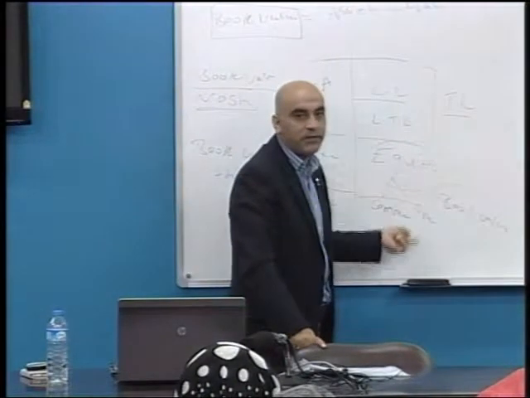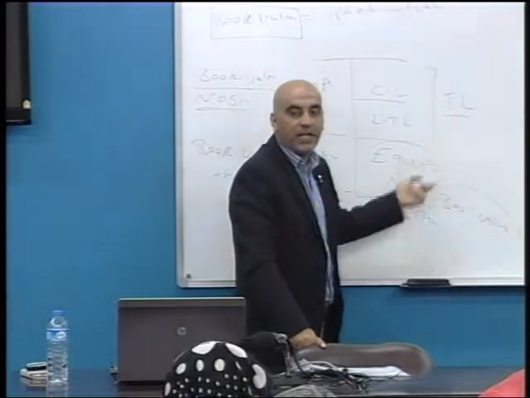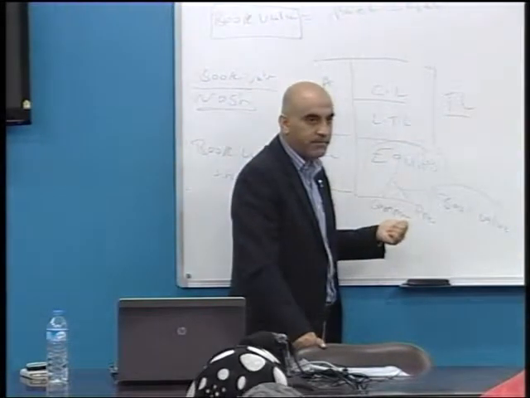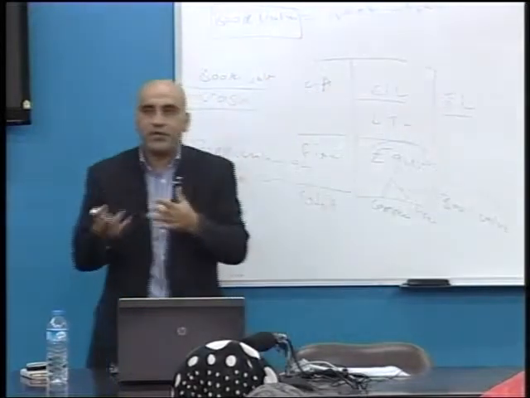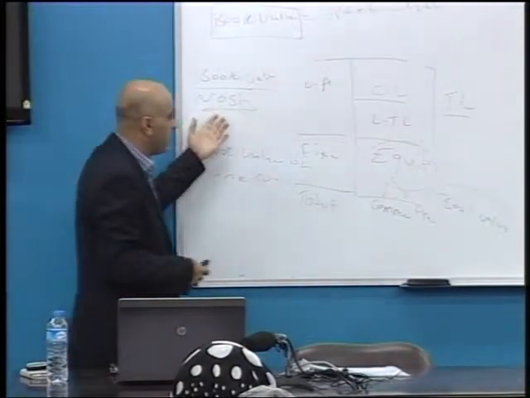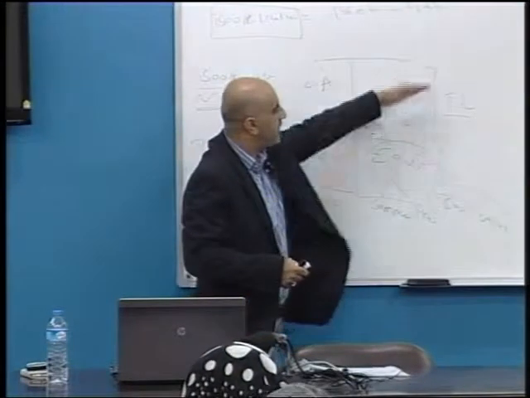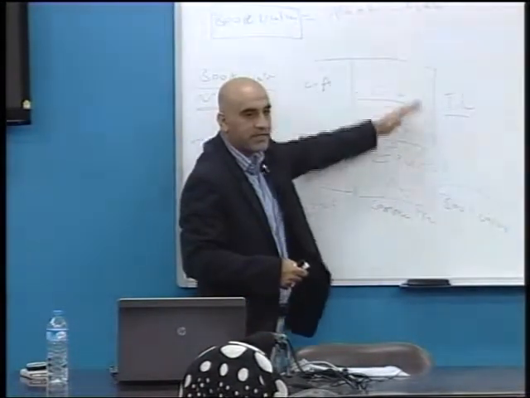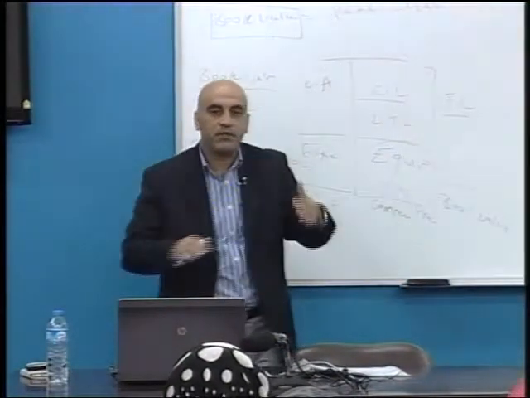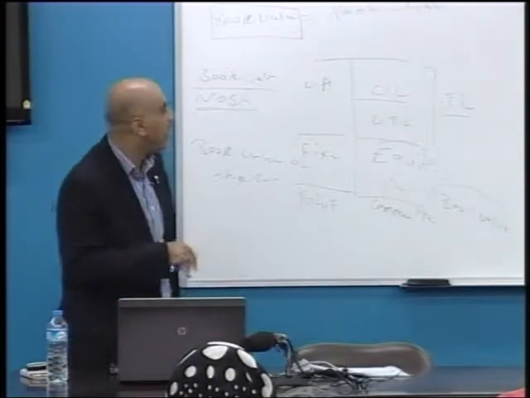So the book value here is equity divided by the number of shares, if we don't have preferred stocks. If we have preferred stocks, you have to deduct preferred stocks from the equity. So you have different ways to think about how to calculate the book value. You remove the total liabilities from the total assets and you have the equity. Divide the equity by the number of shares outstanding, and you have the book value per share.